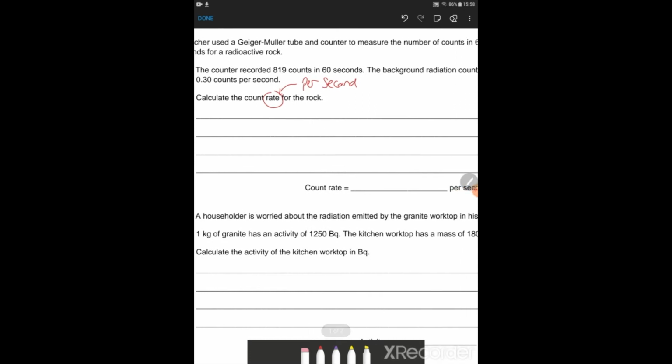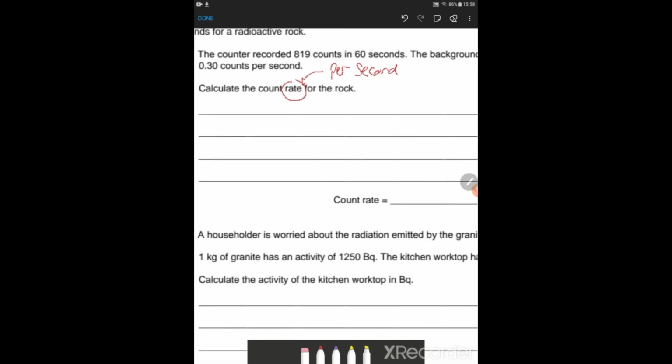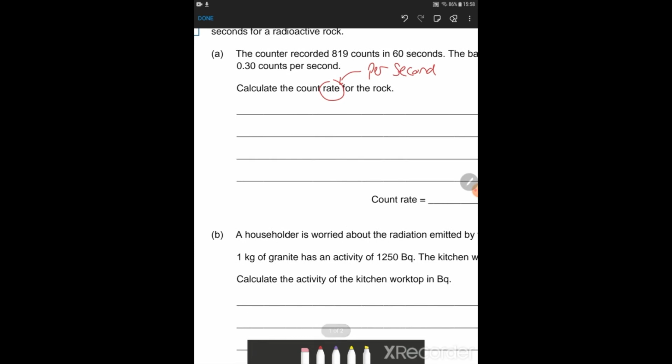So, for example, if we're using distance, it will be meters per second. That would be the rate. But this time we've got counts and seconds, so it would be counts per second. So what we need to do to calculate the rate will be 819 per second, okay? So 819 divided by 60 even, okay?